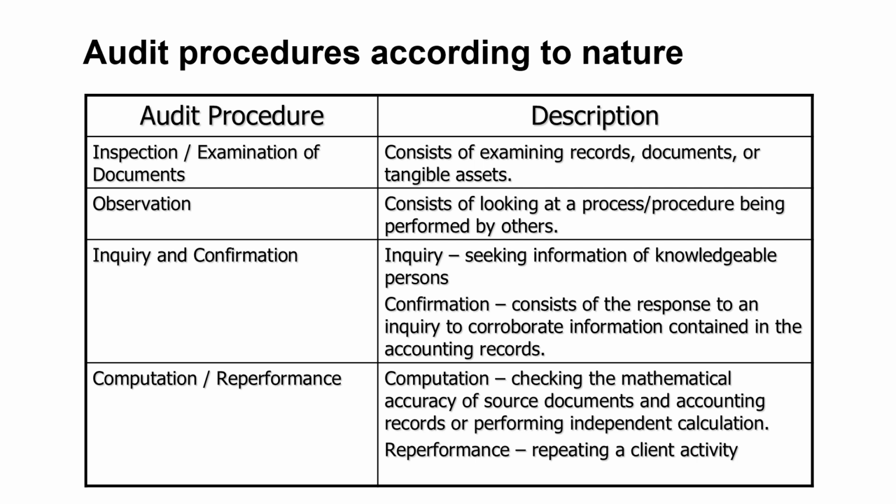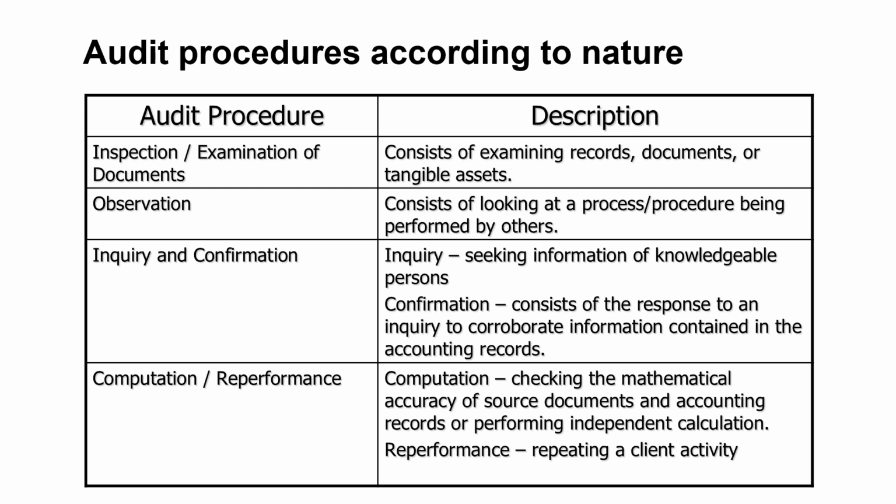Of course, we know that there is a difference in the way we perform these two. If we talk about inspection of records or documents, notice that the record or the document by itself does not have any inherent value. What do I mean by this? If you are holding a sales invoice that reflects a sale amounting to 1 million, the invoice itself, the paper, is not worth 1 million, right?